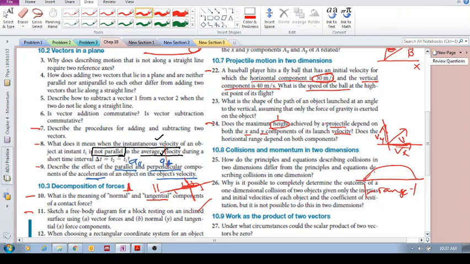The height only depends on your vertical initial velocity, but the horizontal range depends on both components.